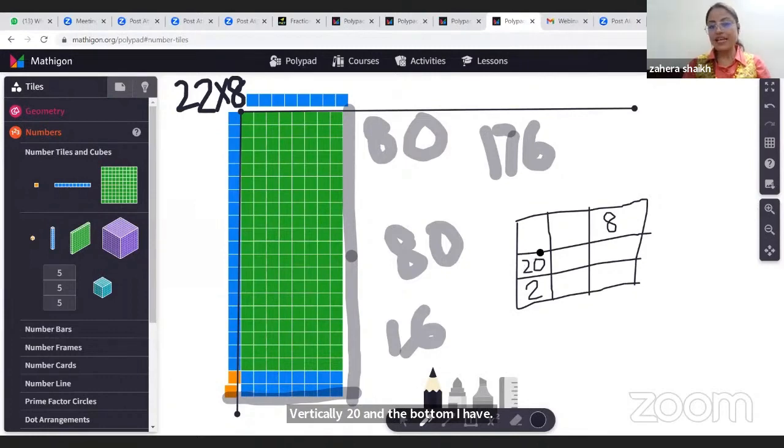So now I can see if I multiply this 20 with this 8 unit blocks, I can get 2 times 80, 80. Altogether, I get 160, right? I get 160. And if I multiply this 2 unit blocks with 8 unit blocks, I get 16 unit blocks.